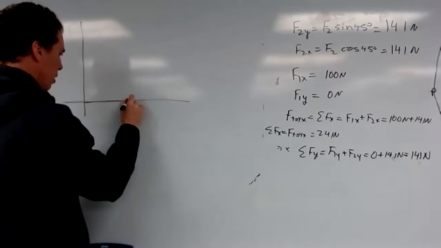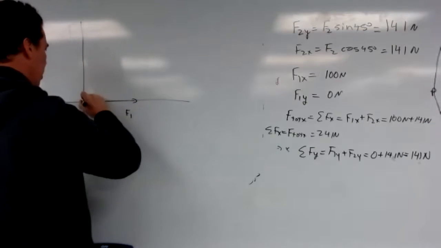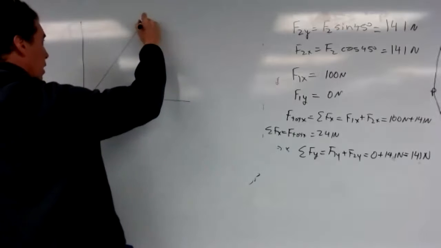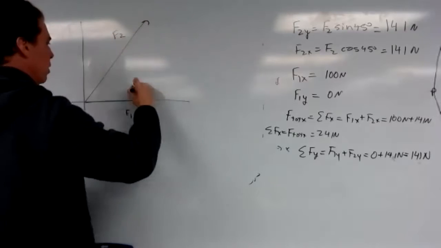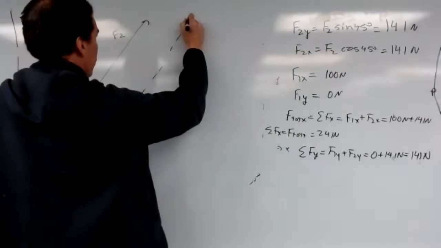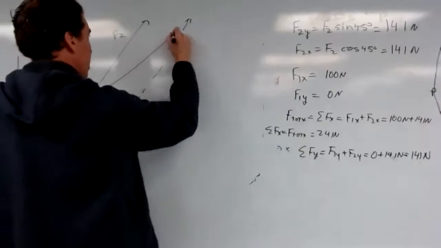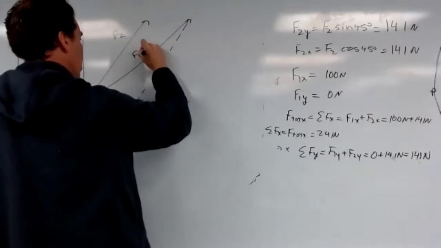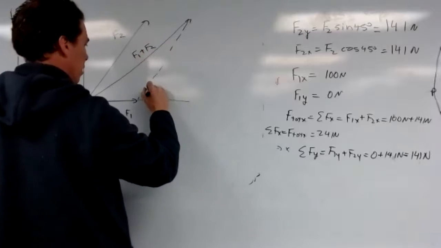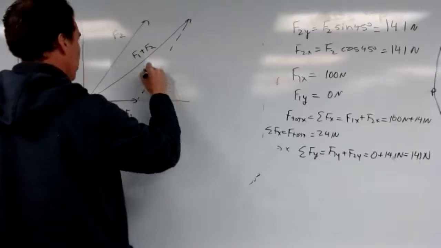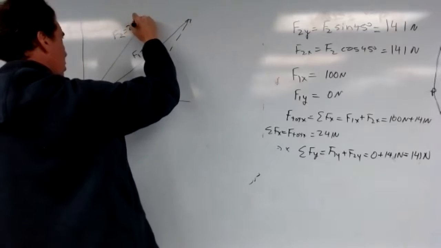So this is my F1. That was my F2. And then I just redrew F2 over here like that. And that is F1 plus F2. This is back to my 45 degrees. This is 200 newtons.